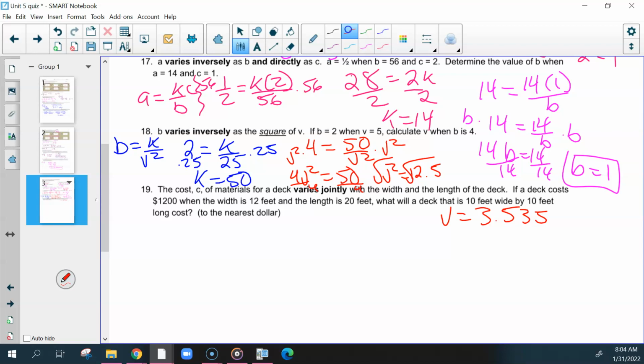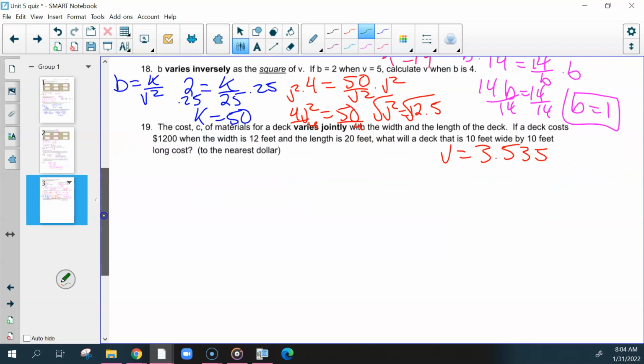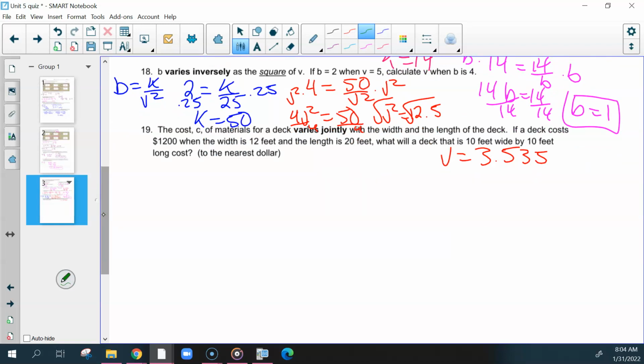And then the very last one. Here we have the cost C varies jointly with the width and the length. You can call that W and L, X and Y, it does not matter. So that would have been your equation. Then putting in your values to find K, we have the cost of 12,000.